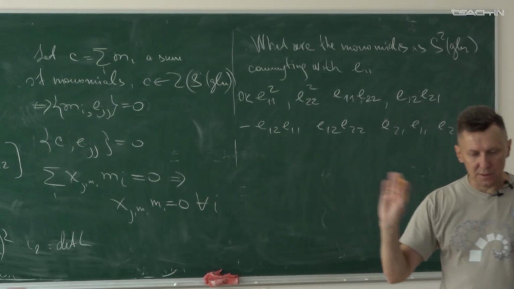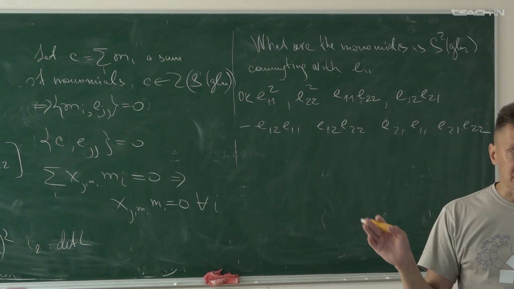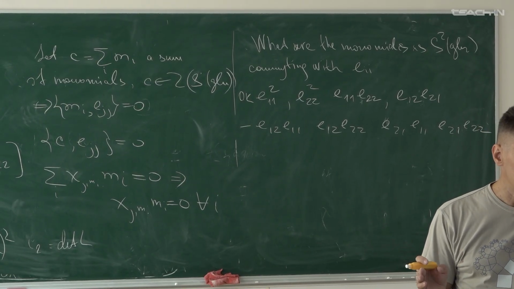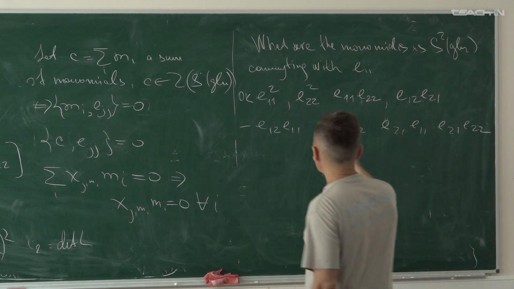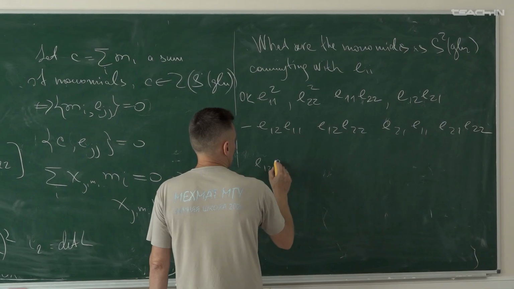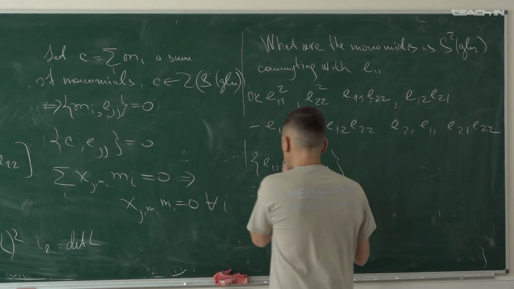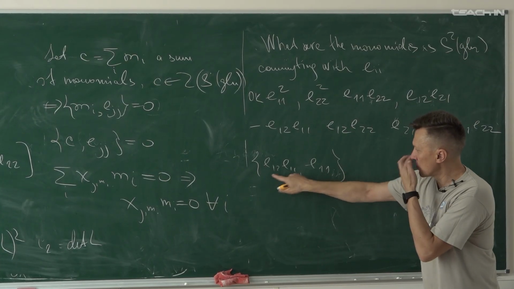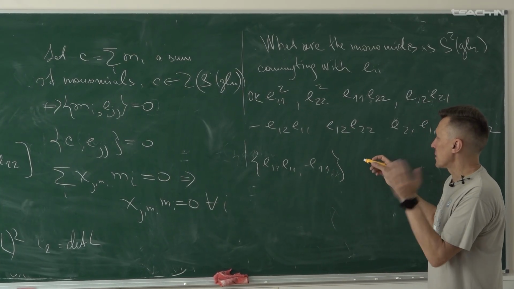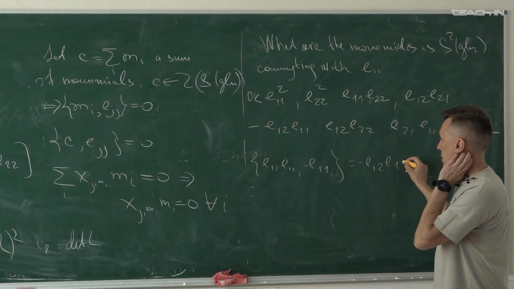And this is even true for every rank n of the Lie algebra gl_n. So when we calculate this, {E_12 E_11, E_11}, we get only one non-trivial commutator here, and it is minus E_12 E_11.